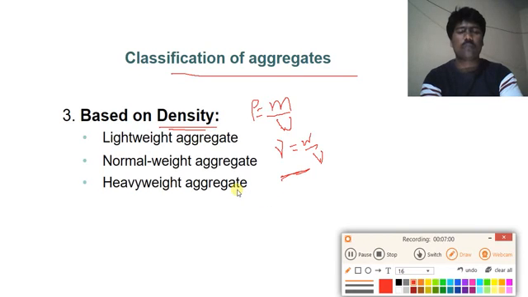So, how to calculate the density of an aggregate. But for the time being, we are saying the classification of an aggregate based on their density is of three types: lightweight aggregate, normal weight aggregate, and heavyweight aggregate. We will see the details about them in the next slides.